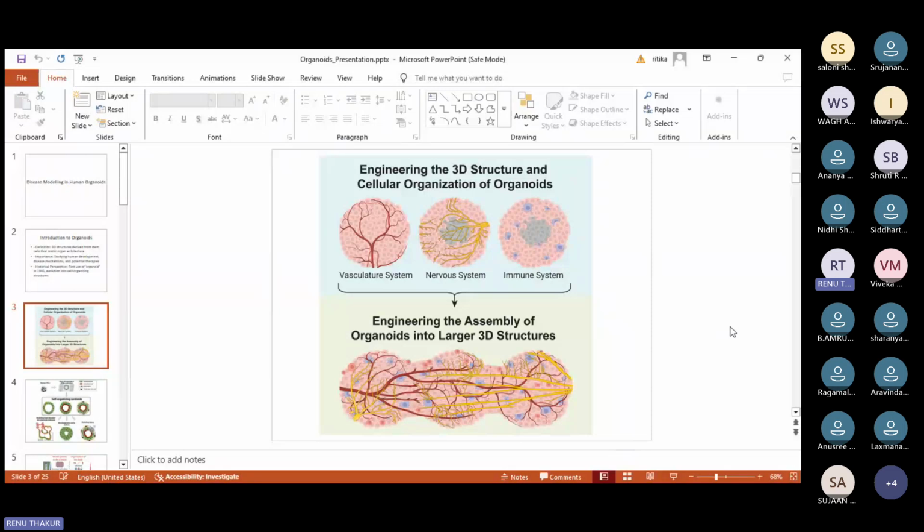Specifically, we are dealing with a proper structure and a proper model of the organ present in your body.